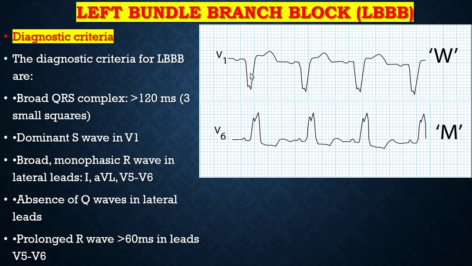These are the small squares. If you count, they are 3 or more than 3 small squares. Dominant S wave in V1. You can see that there is a dominant S wave in V1.